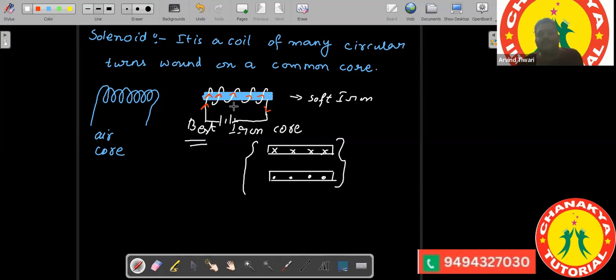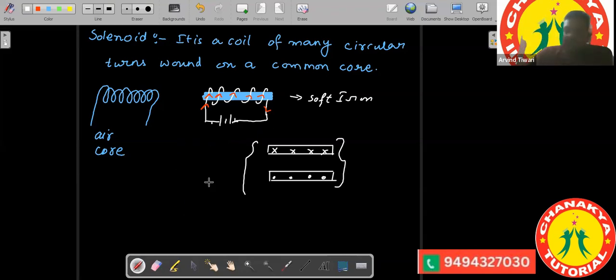In this diagram, now I want to find out the magnetic field. What is the magnetic field inside the solenoid due to this first coil?